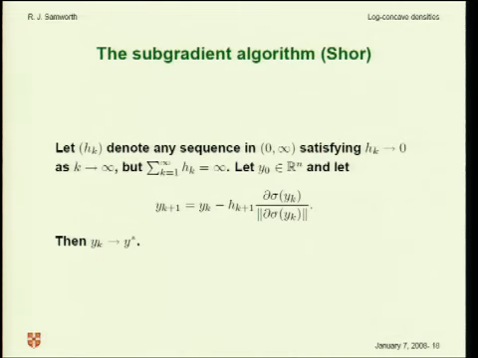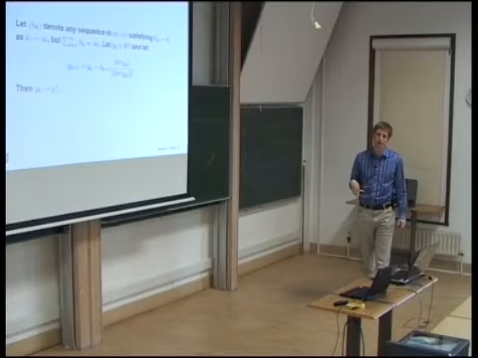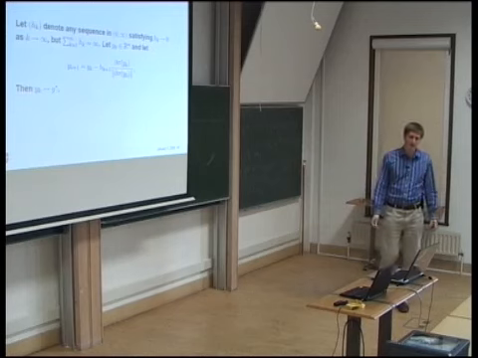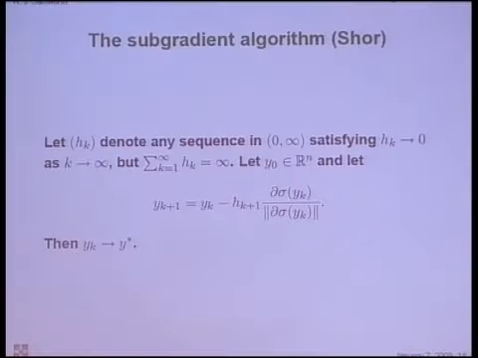So this is sort of an analog of a steepest descent method for differentiable convex functions. It turns out that this is not necessarily a descent method. So although the general trend for this algorithm is to go towards the minimum point, you don't necessarily go down at each stage.